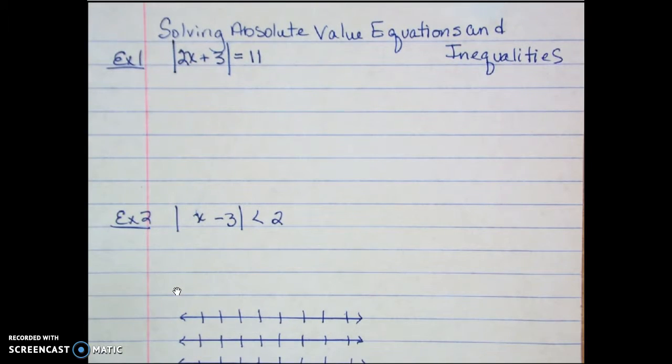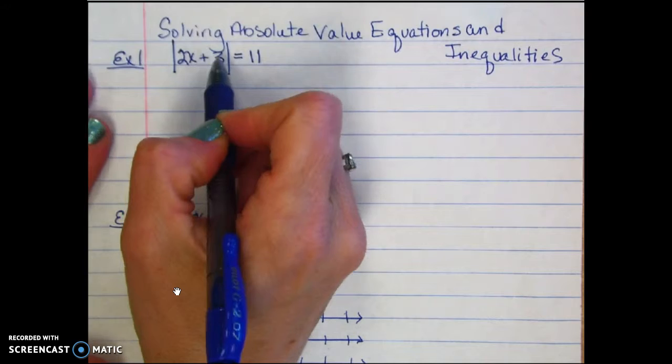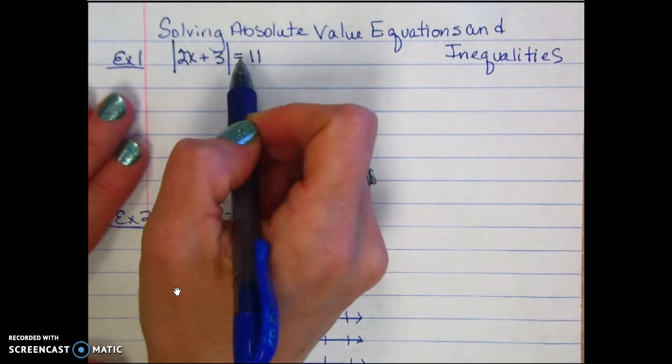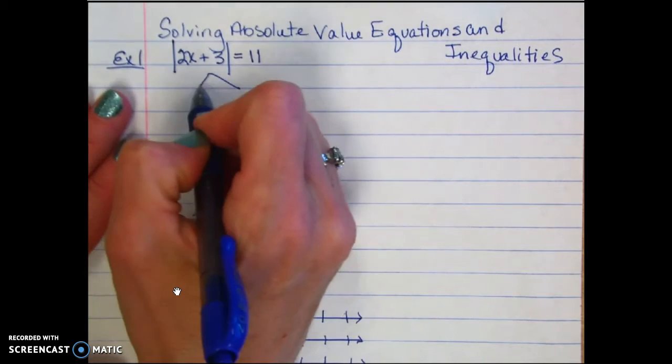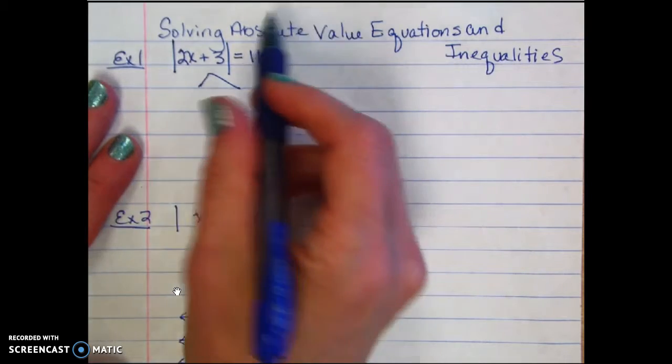If you think about it, absolute value means the distance from zero, so it can be the positive distance or the negative distance. That doesn't matter. To solve absolute value equations, we're going to split these into two problems.